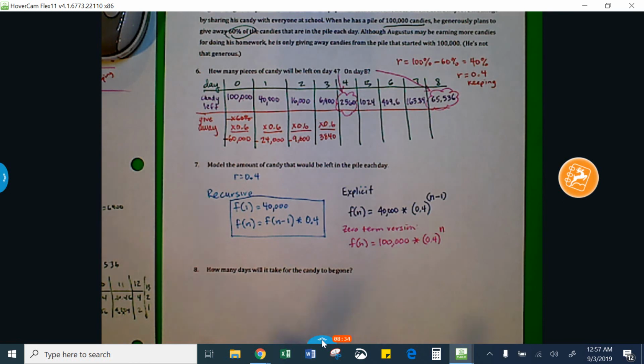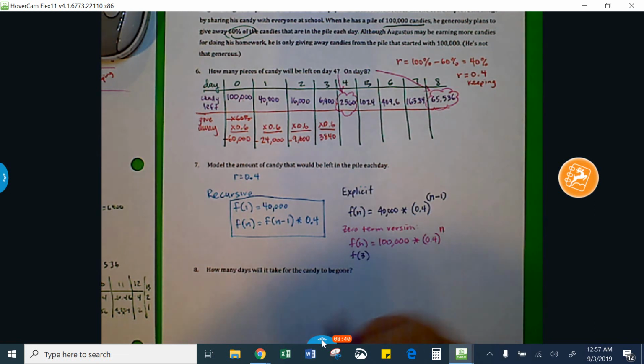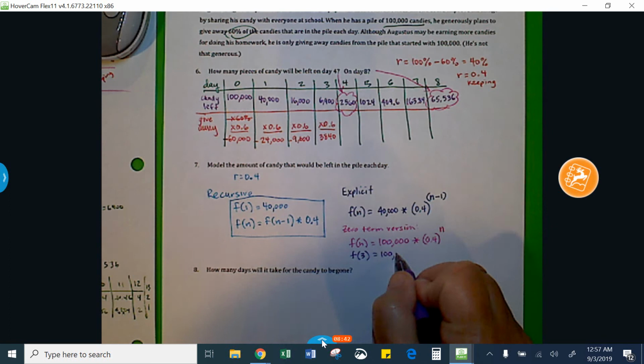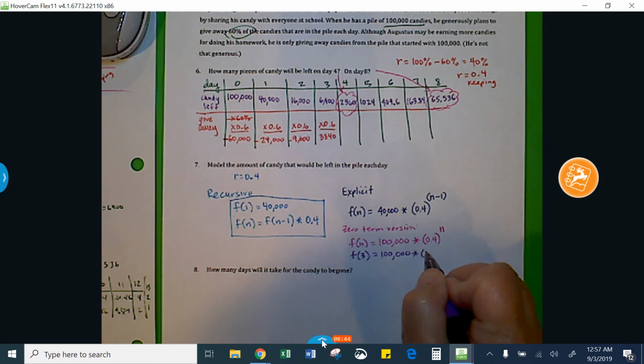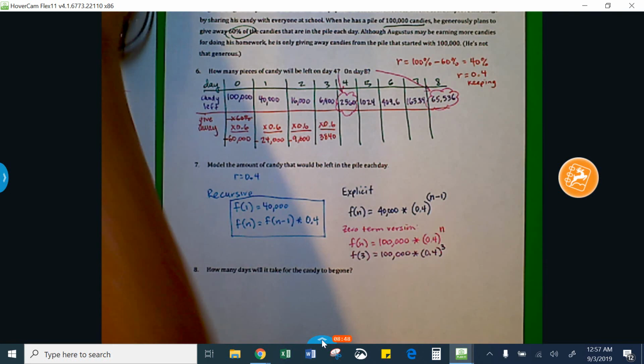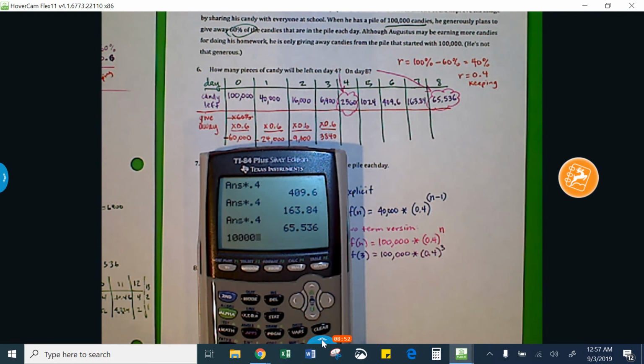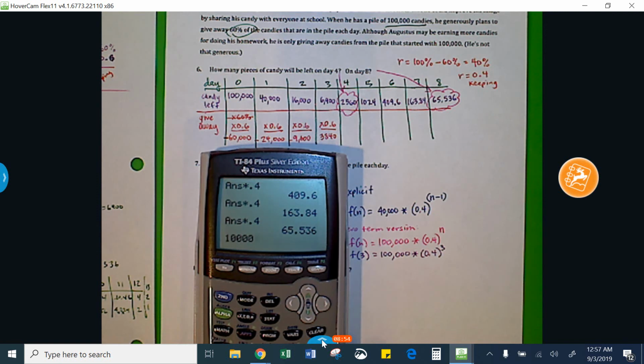I mean, you could check a value if you want to. A lot of times I'll do that. Let's say I could plug in f of 3 and test that I get the value that I'm supposed to get at n equals 3. So I could do that right on my calculator. So I would type in 100,000 times 0.4 raised to the third power.